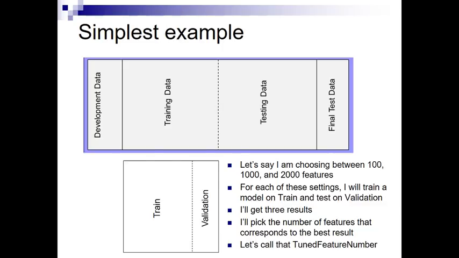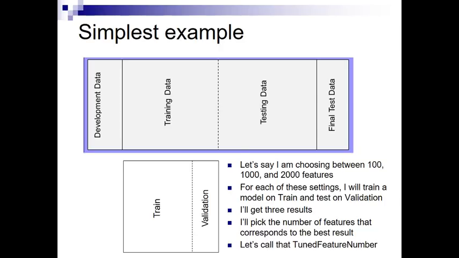Then we'll train a model using that data on those 100 features. Then that model we will apply to the validation set, and we will get a performance value. We'll go through that process for each one of those numbers of features. So we'll have a model for 100 features, 1,000 features, and 2,000 features, and we can see which one gave us a better performance value on the validation set.